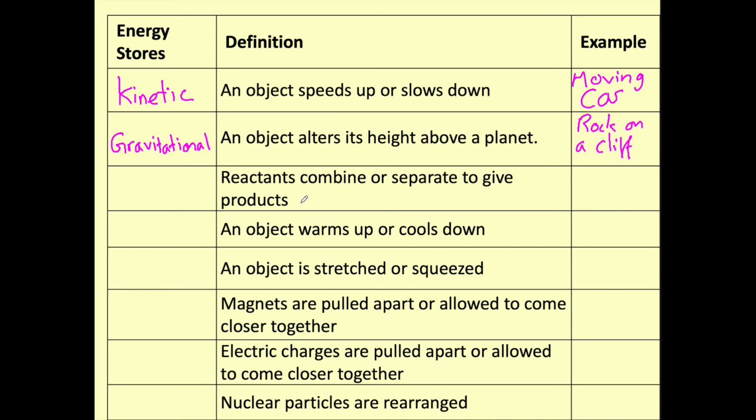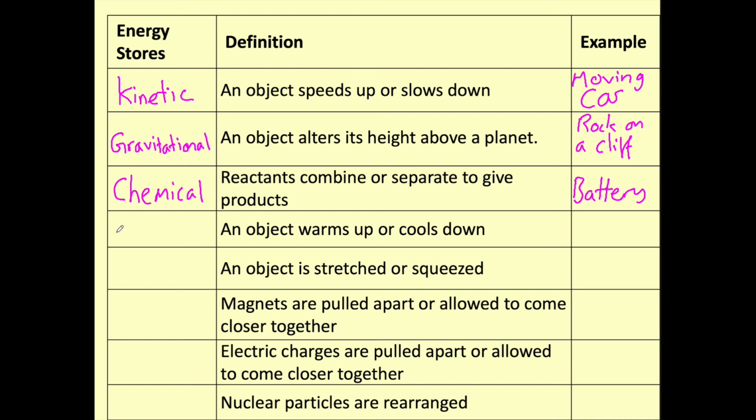When reactants combine or separate to give products. So here we're talking about chemical reactions. And so we're looking at harnessing that chemical energy store. Example could be charcoal, it could be a battery, it could be wood. An object warming up or cooling down.